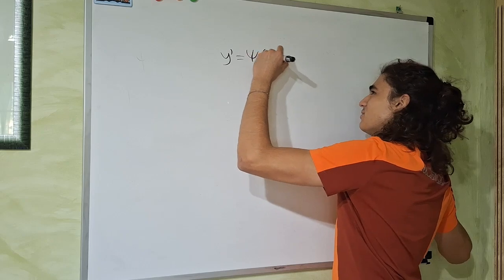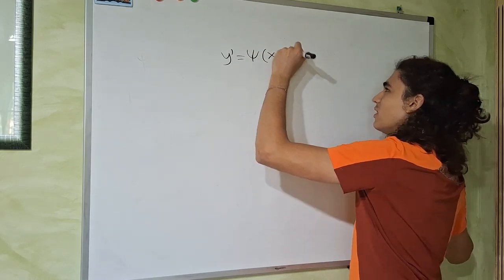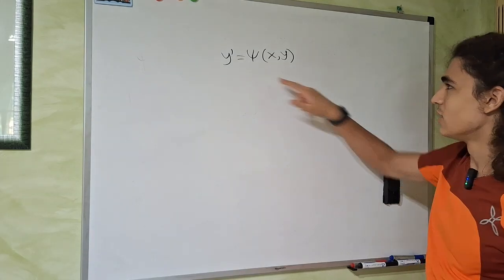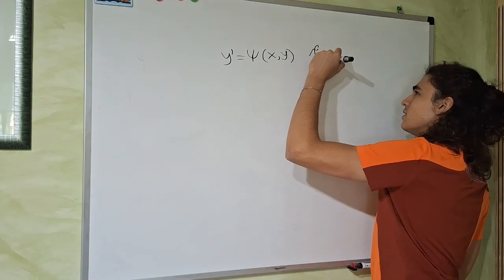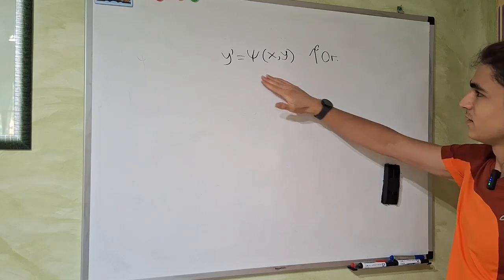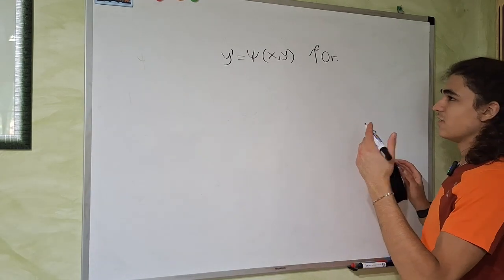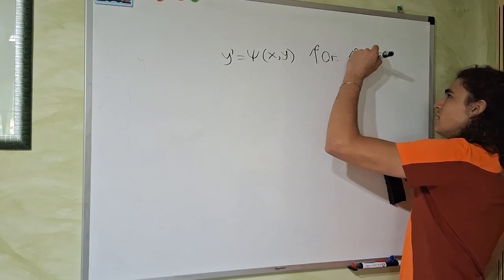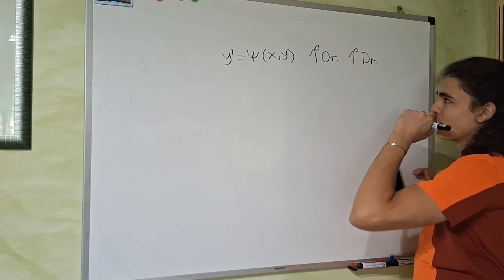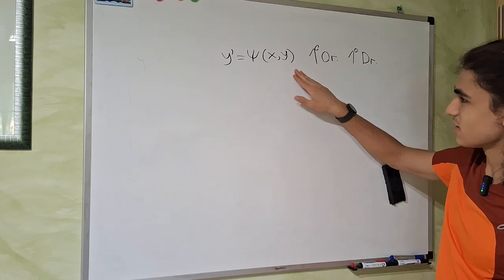And we have x, we have y, and there are no other higher derivative terms. So this is first order, and this is a first order differential equation, and it's also a first degree differential equation. So keep that in mind. We have this equation here.